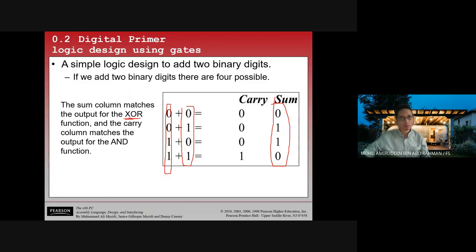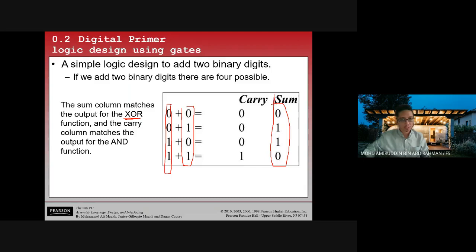You look back, when 1 plus 1, it should be 0, right? 1 plus 0, it should be 1. When 0 plus 1, it should be 1. And then when 0 plus 0, it should be 0. All right, so that's the function of sum.